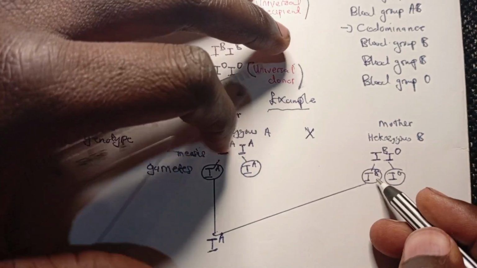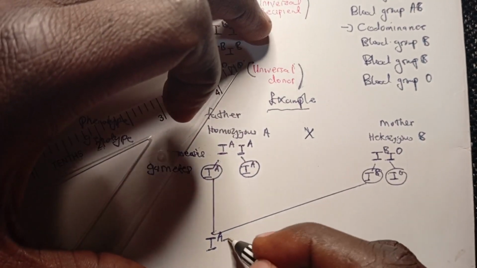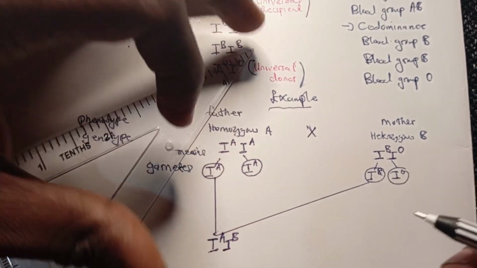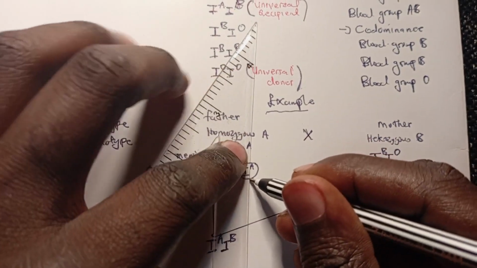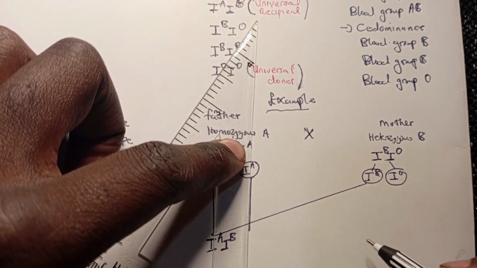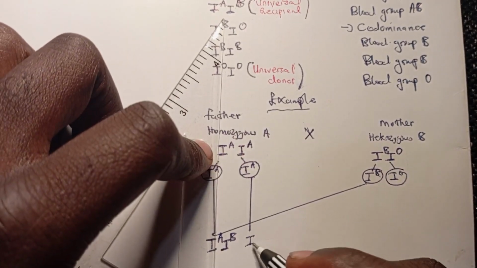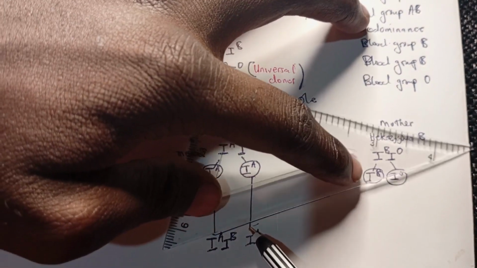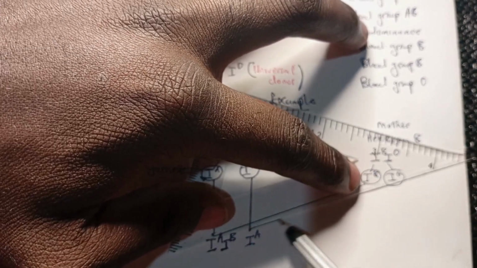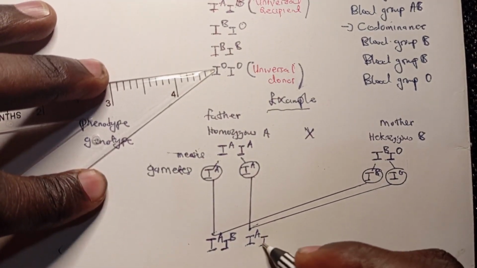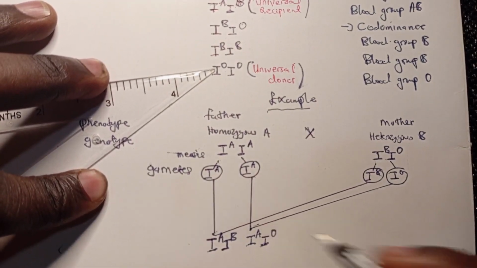This one comes, this is B, and there you have blood group AB. You bring this one here, this is A, and cross it with that on the other side. I just like to do my crossings like that; that's how I was taught anyway.